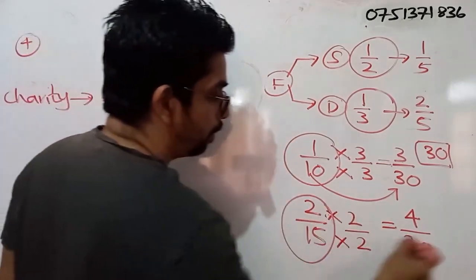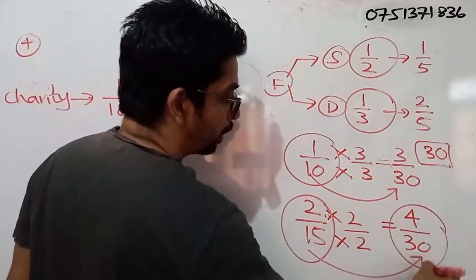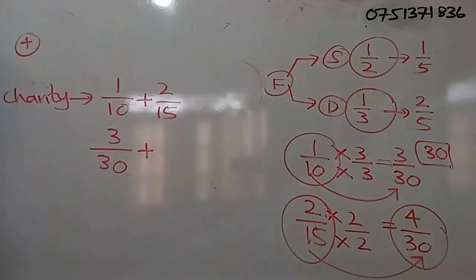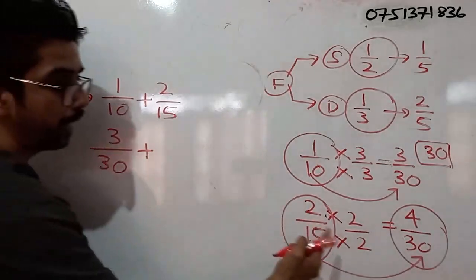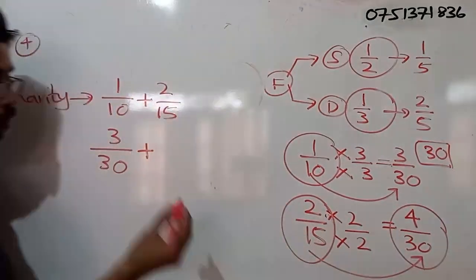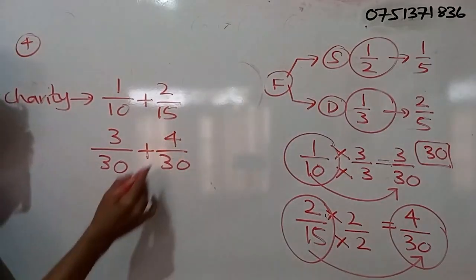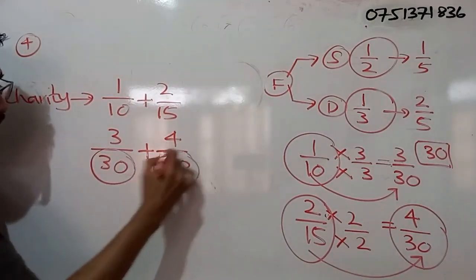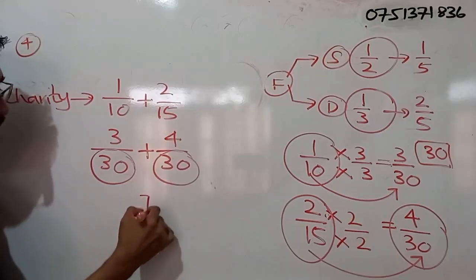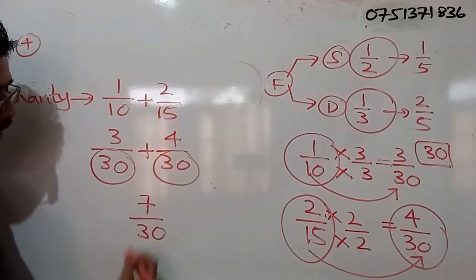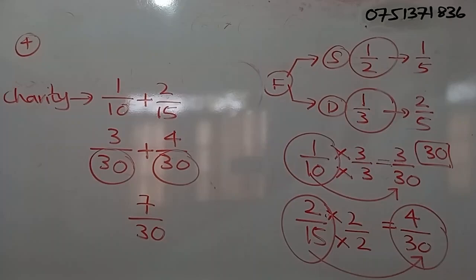Now 2 by 15 and 4 by 30 are equivalent fractions, so I can write 4 by 30 instead of 2 by 15. Now the denominators are the same. So what is the resultant fraction? 7 by 30. Now the question is not over yet.